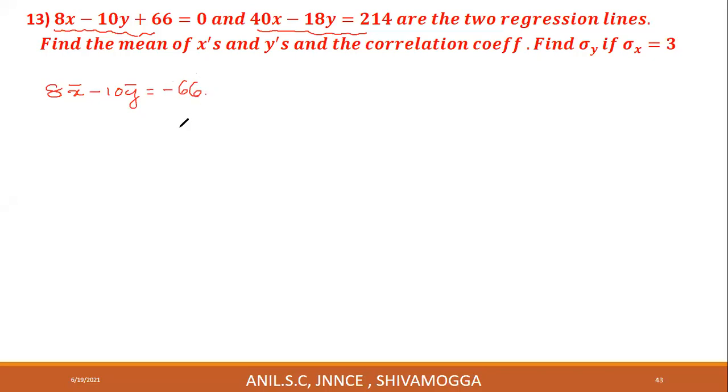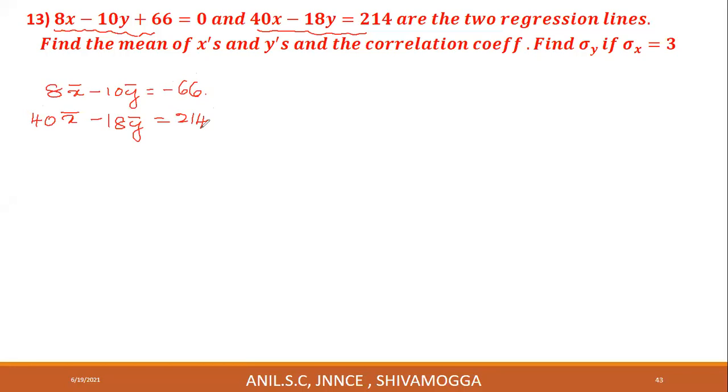This is the first line of regression passing through x bar comma y bar. 40x minus 18y is equal to 214. This also passes through x bar comma y bar. Therefore, 40x bar minus 18y bar is equal to 214.